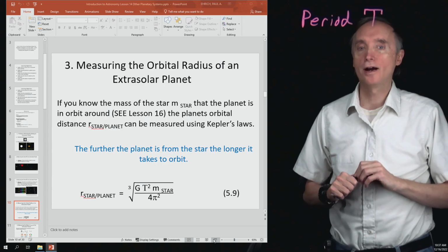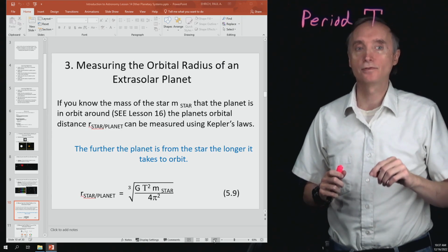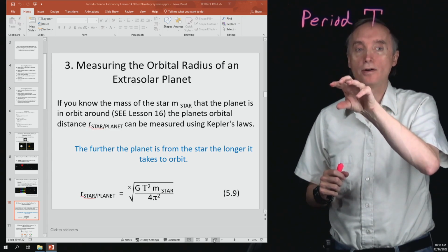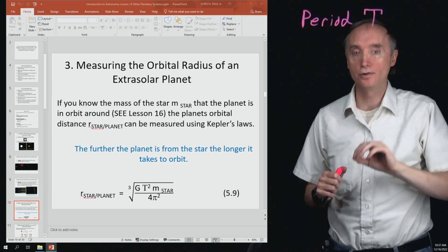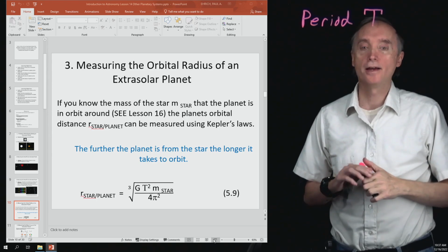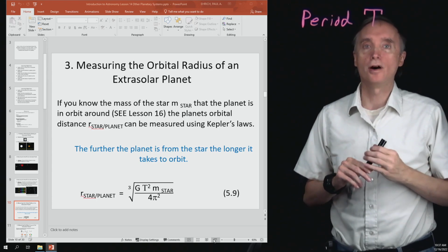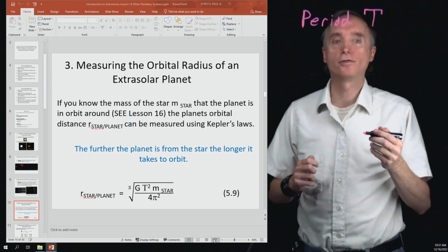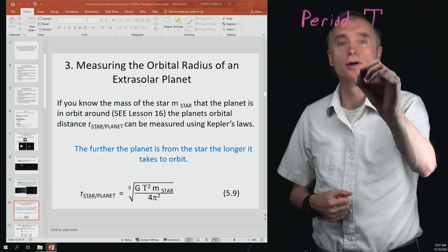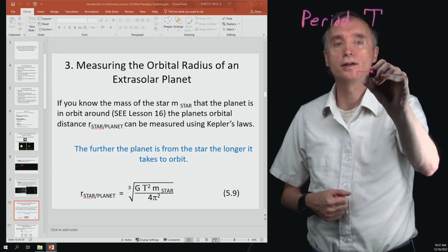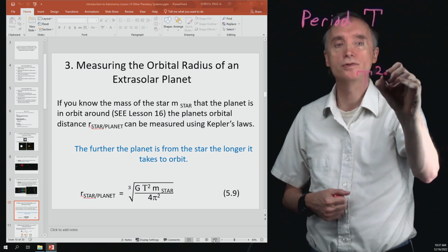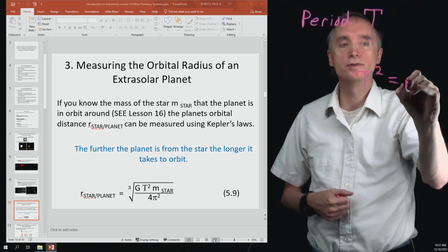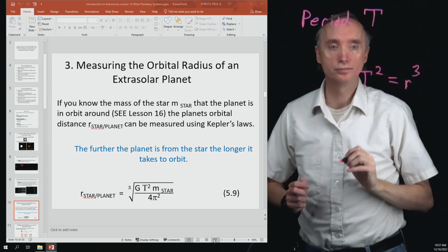So we can figure out then the distance from the star to its planet by using Kepler's third law. And Kepler's third law, if you remember from a previous episode, Kepler's original one was that the period squared was equal to the semi-major axis cubed.